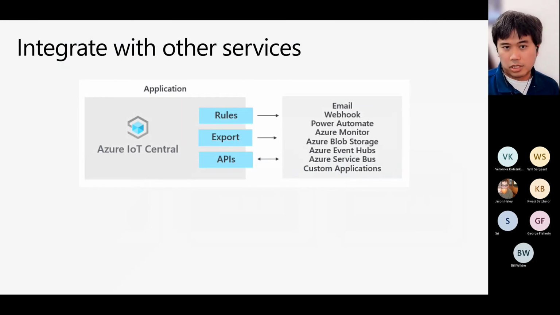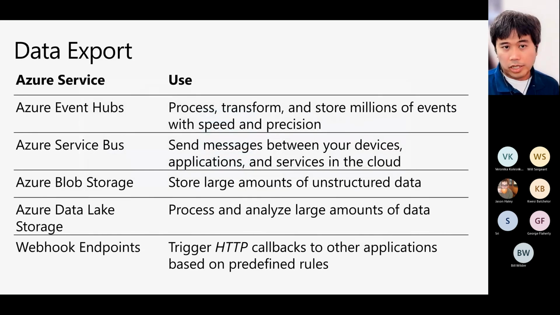Exporting, this is how you would integrate. You can export some of this information through Event Hub, Service Bus, and blob storage. Let's go through each one. On the data export, you can go through Azure Event Hub, which, if you're not familiar with it, can process events with speed and precision.